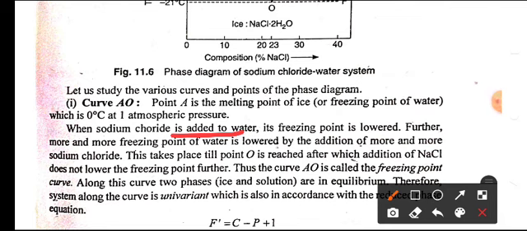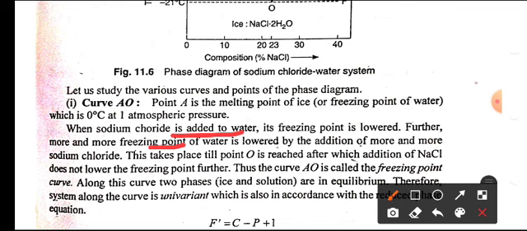More and more freezing point of water is lowered by addition of more and more sodium chloride. This takes place till point O is reached, after which addition of sodium chloride does not lower the freezing point further. Thus the curve AO is called the freezing point curve of water.